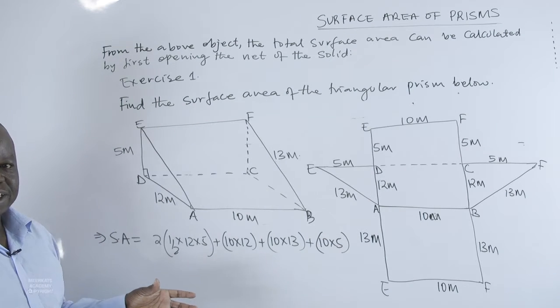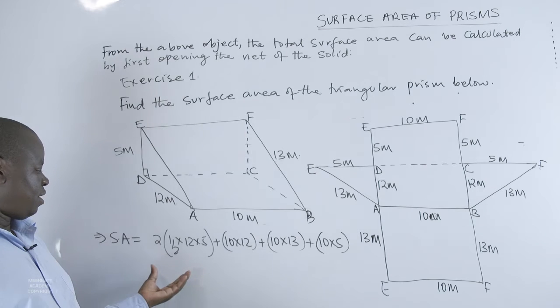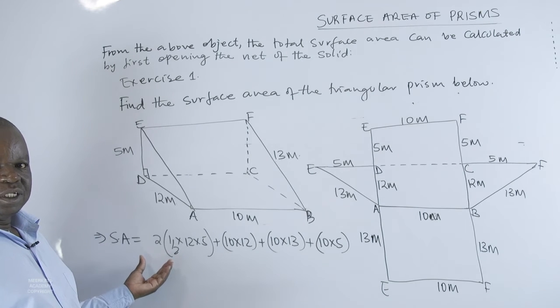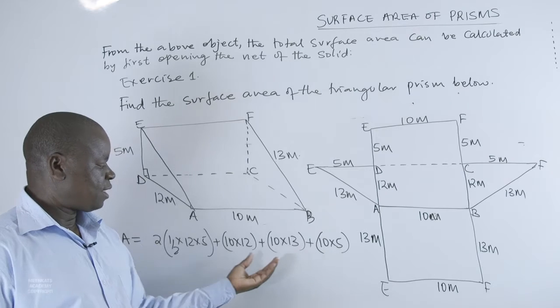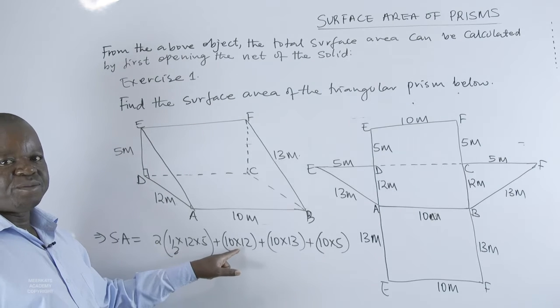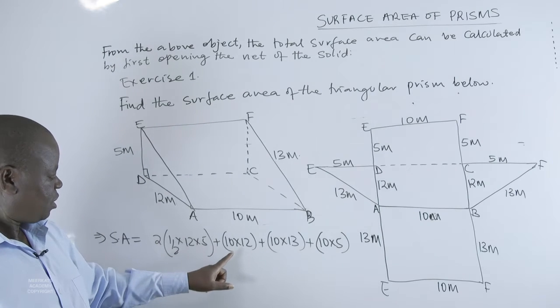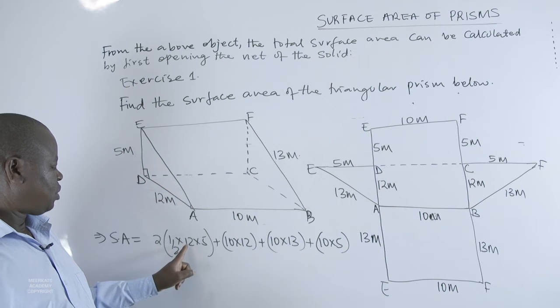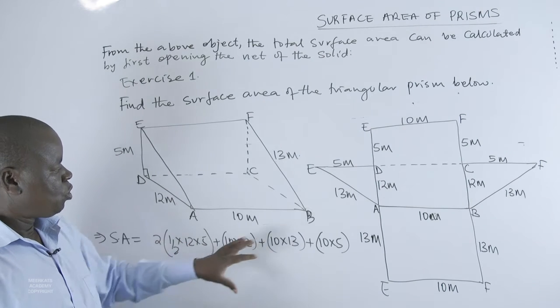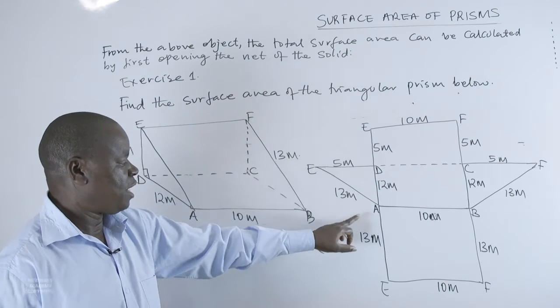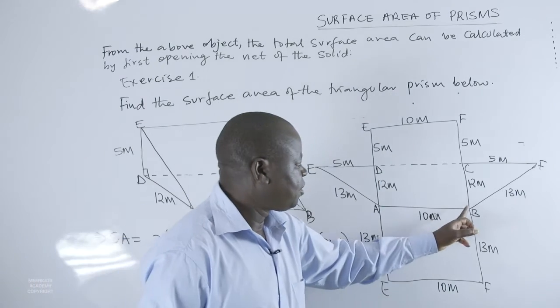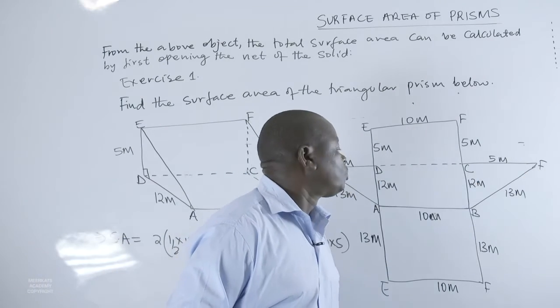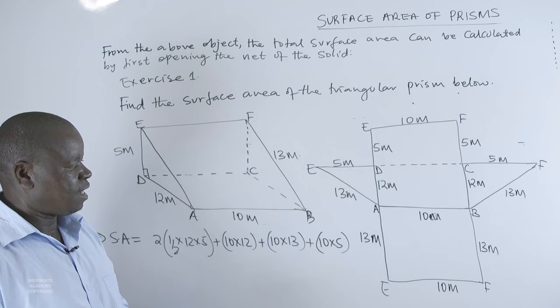So class, you can see we have already known the formula to use in calculating the total surface area. So by substitution, we get a half times 12 times 5 times 2 because of these triangular planes ADE plus BCF. Those are the planes we are finding their areas.